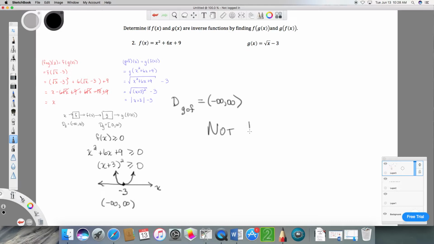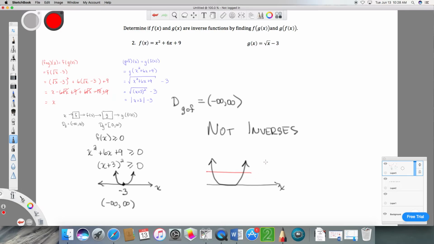Now, that was all looking at the function composition. If we go back and consider the graph, x squared plus 6x plus 9 is a graph that opens upward. And it fails a horizontal line test.